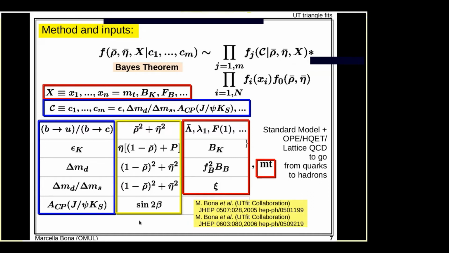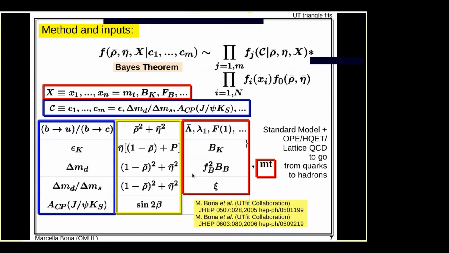And this is just a quick summary of the overlook. So you have in the first column your observables, that is what the experiments can measure. In the second column, you have the functional form connecting the observable to the rho bar-eta bar plane. And then you have extra inputs.